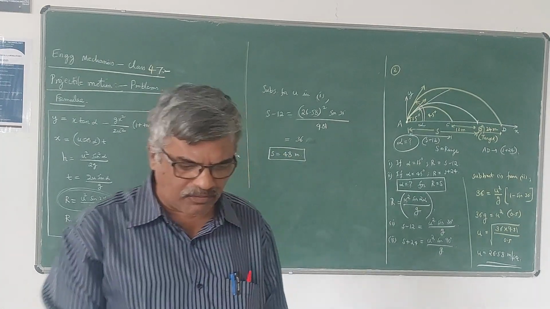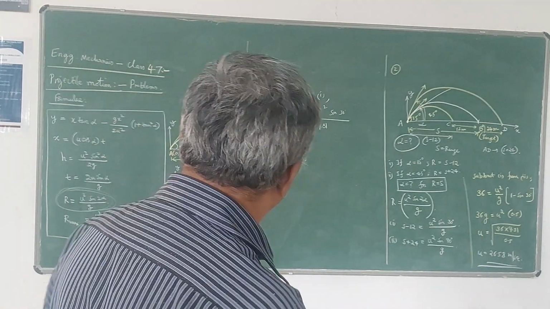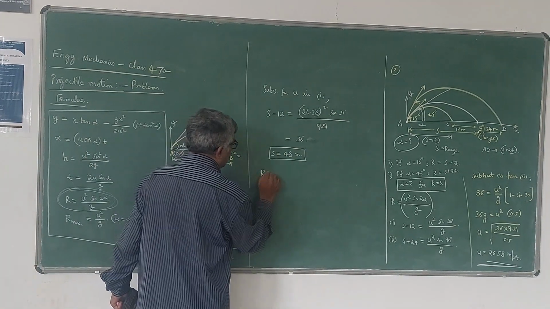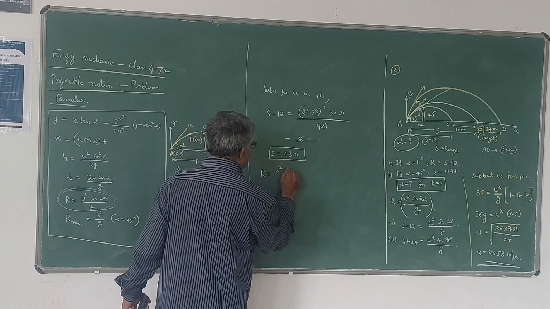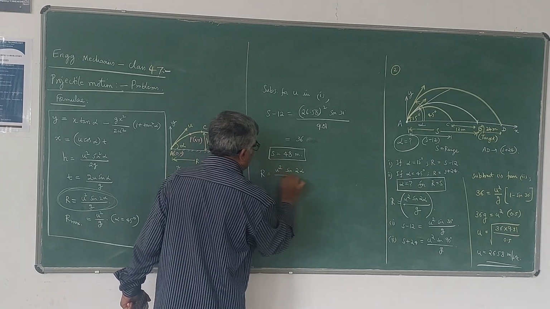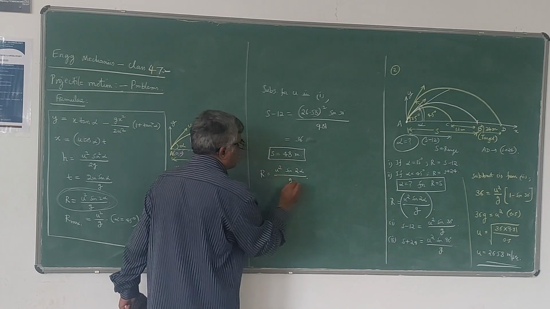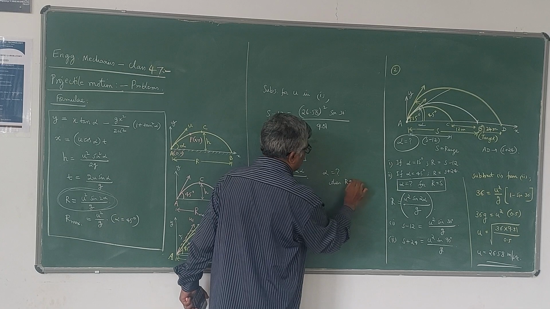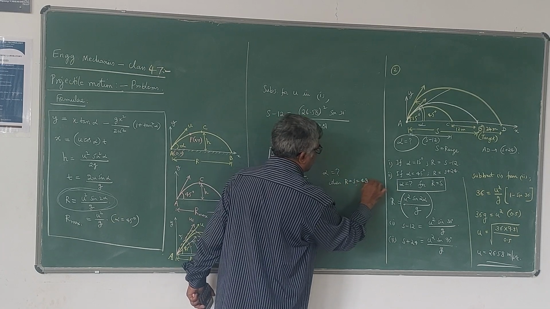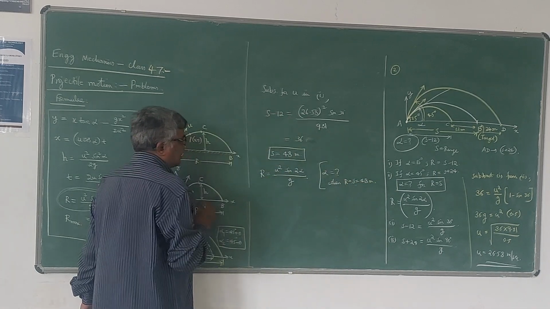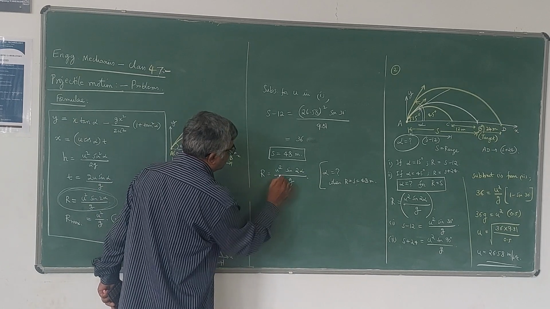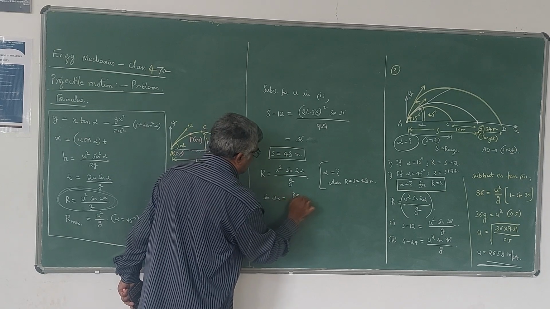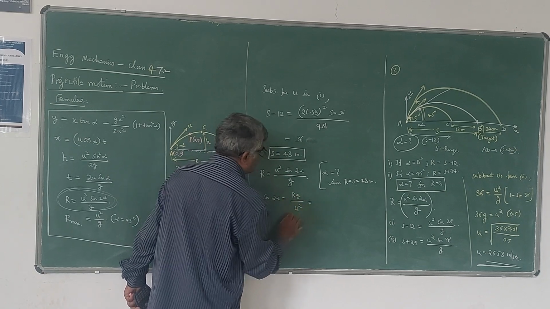Once you get the value of S, now you can substitute in this equation, R is equal to U square sin 2 alpha by G. Now R we have, alpha we have to find out, when R is equal to S. That is, when R is equal to 48 meters, what is the value of the angle of projection alpha? So sin 2 alpha is equal to R into G divided by U square, by cross multiplication.